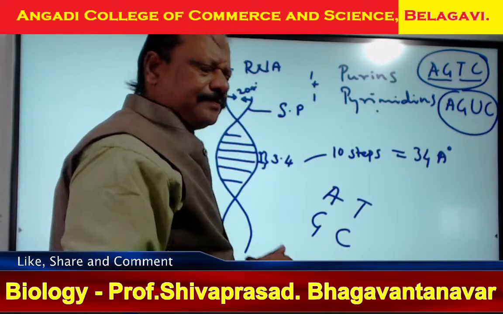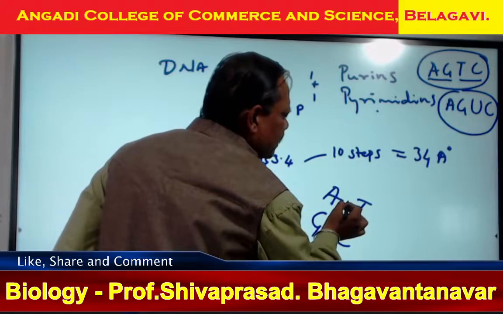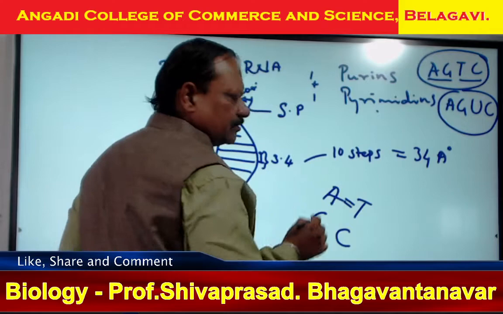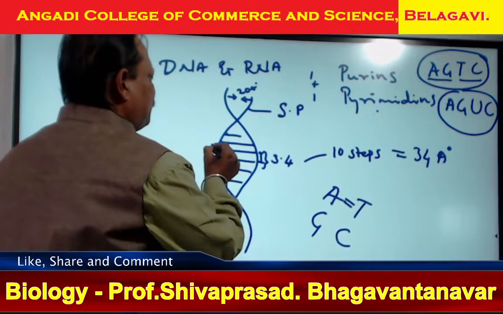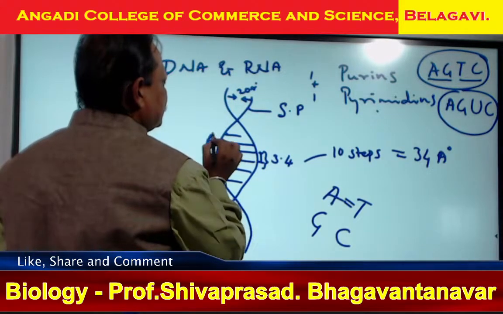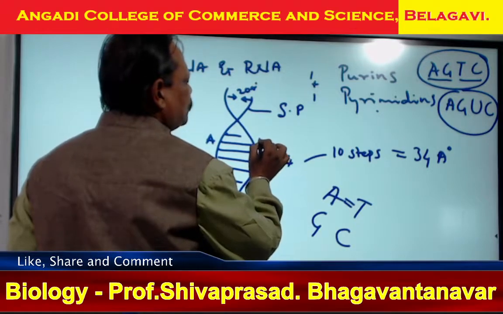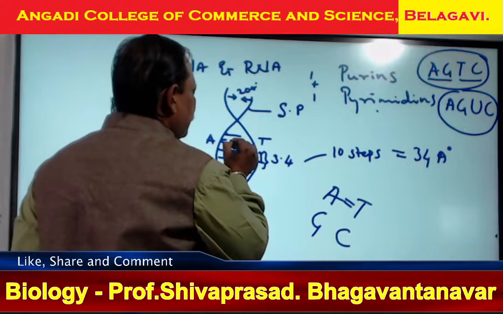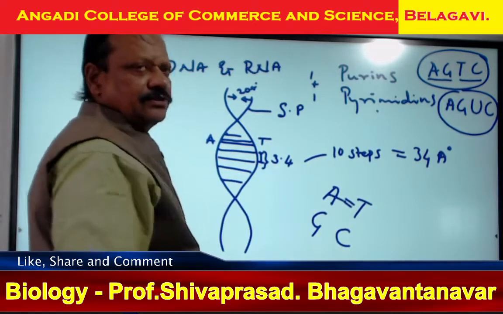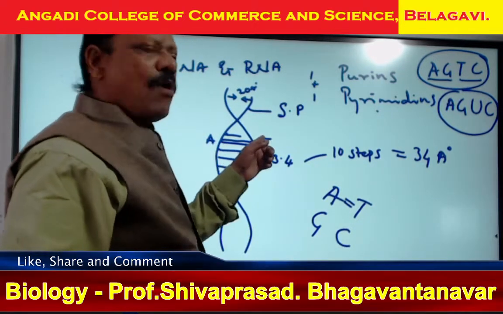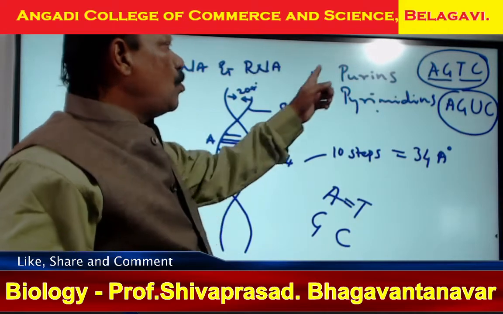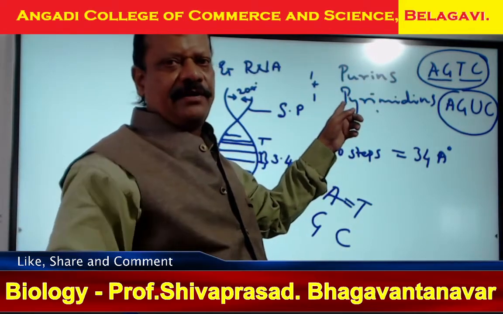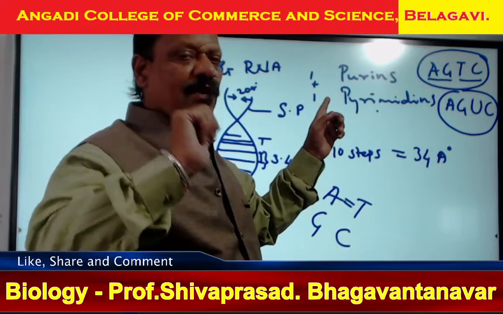Always see, A has two hydrogen bonds in combination. For example, here A is there, so here it should be T. And in between that, there will be two hydrogen bonds. Two hydrogen bonds bond one purine and one pyrimidine, and as a result, one step will be formed.